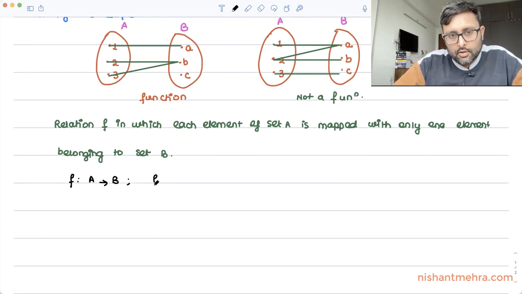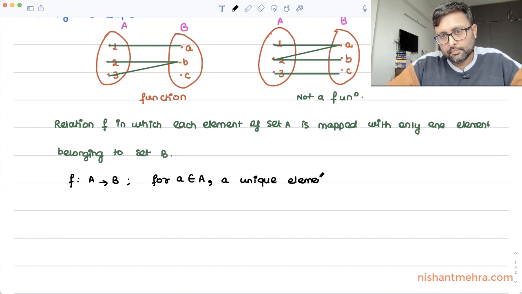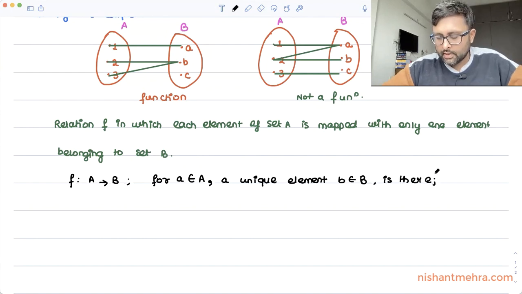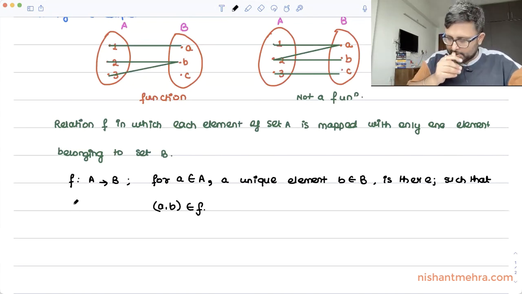So for an element a belonging to A, a unique element b belonging to capital B is there, such that (a, b) belongs to this function.